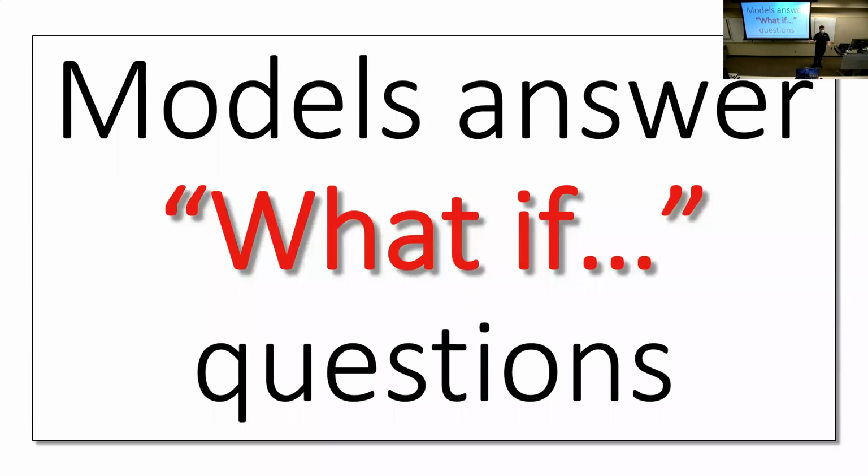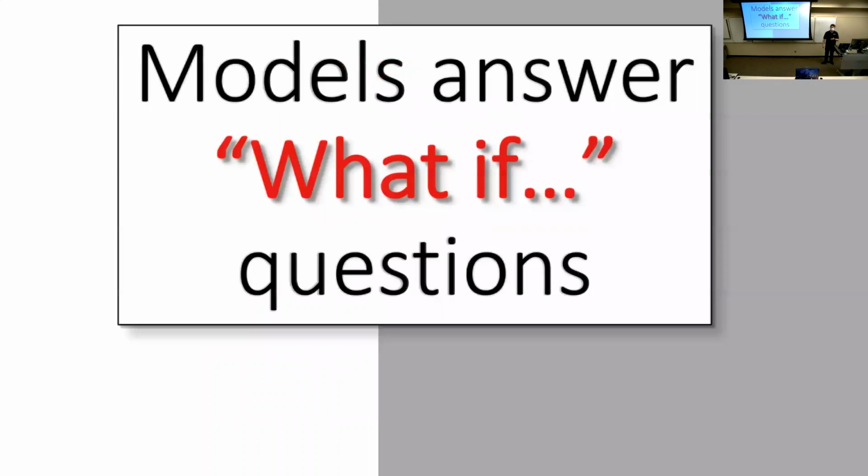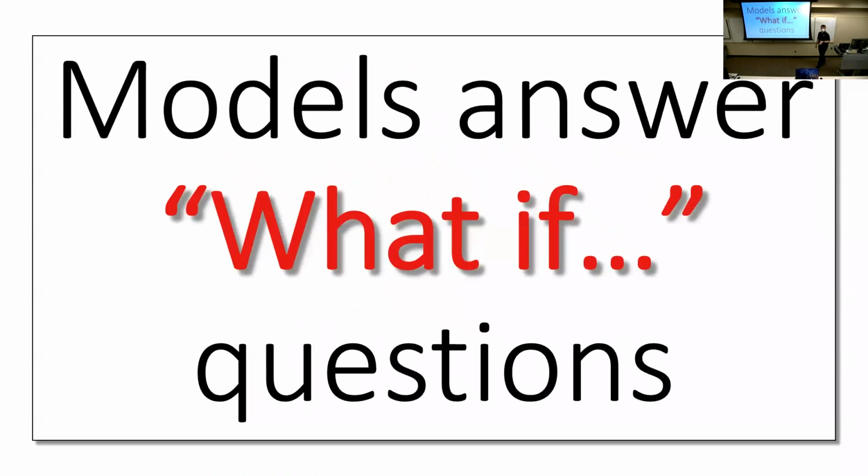And we'll focus on simulation models, models that are built out of computer code. But really, when we talk about models, anything could be a model, so long as it's being used to help answer a what if question. Okay, so any questions about that? Is that definition clear?